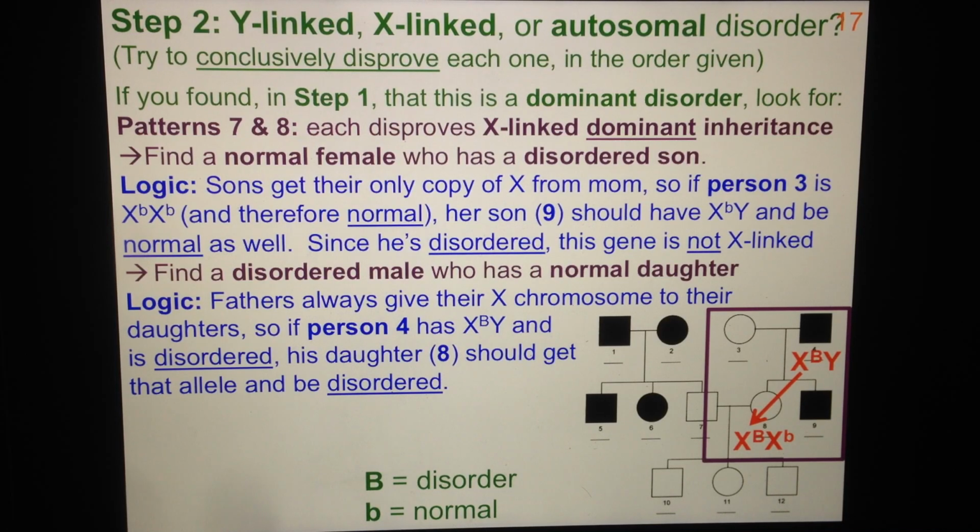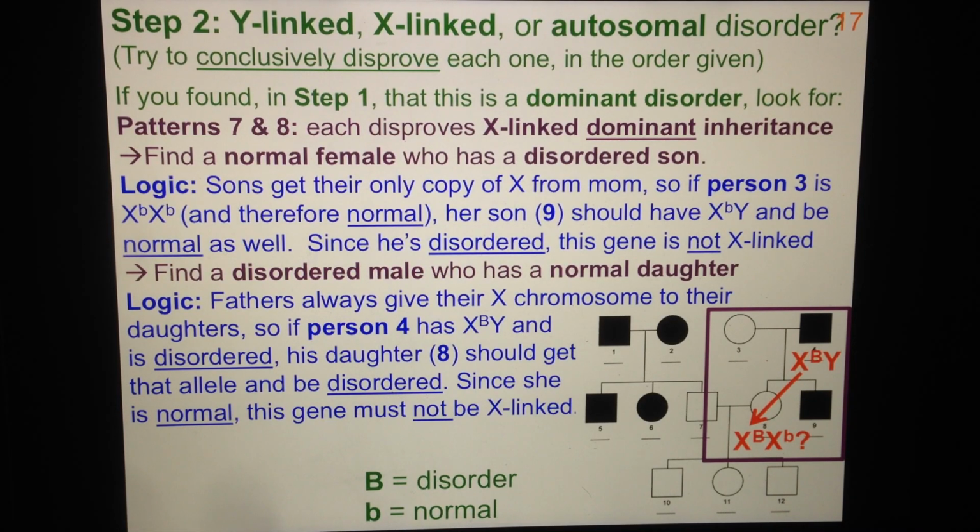So she should have the disorder just like dad. Dad gave her one dominant bad copy, she should have the dominant disorder, right? But since she's totally normal, then we know that it can't be X-linked.